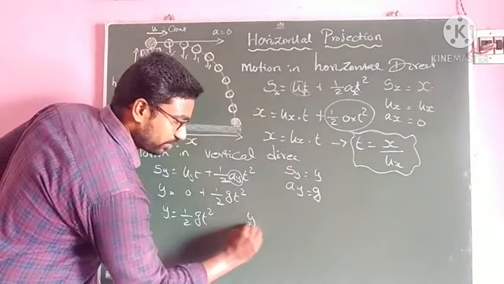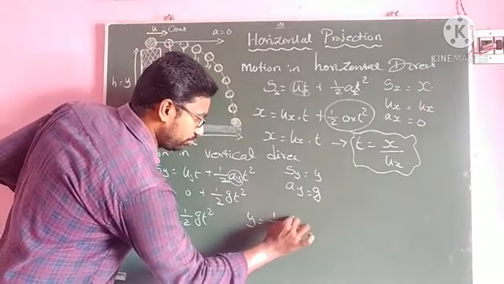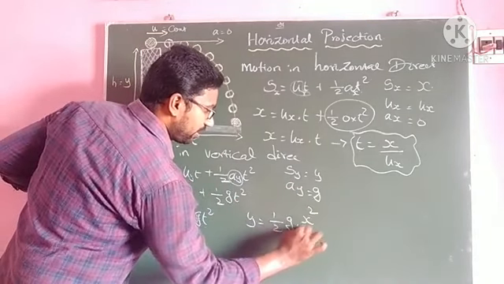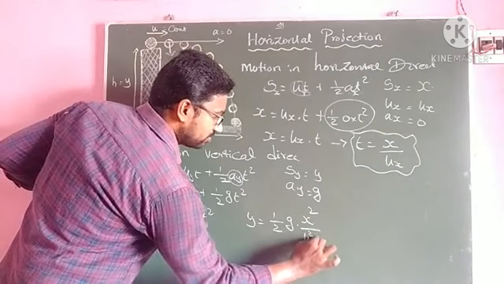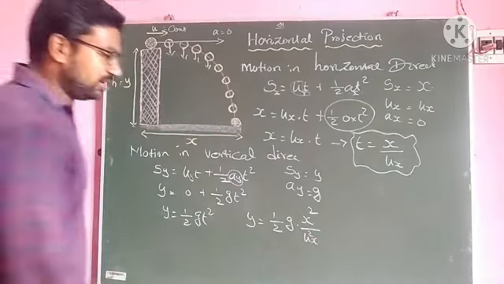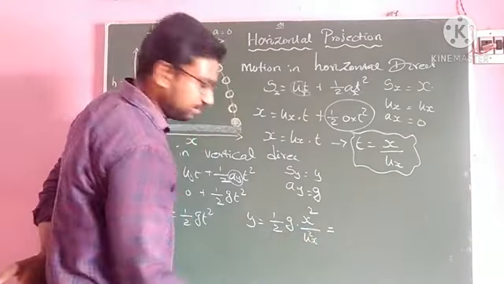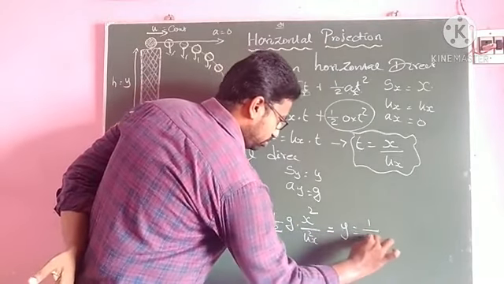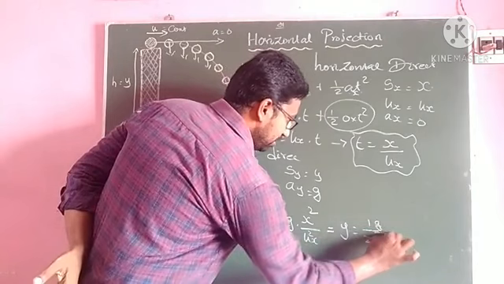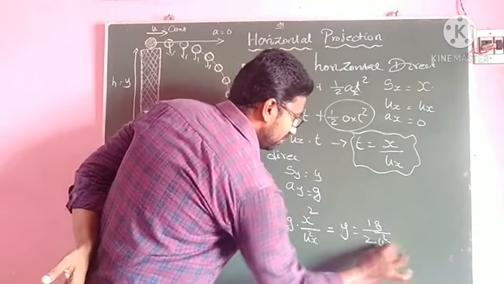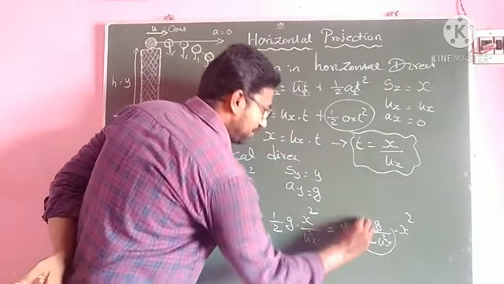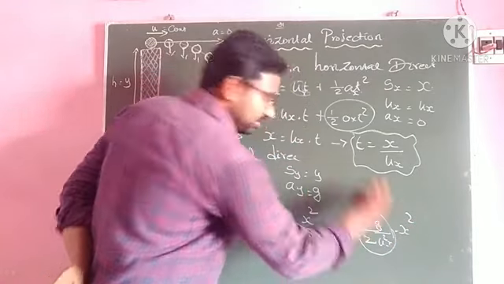So y is equal to 1 by 2 g into x square divided by ux square. Am I right? I am going to simplify again: y is equal to 1 by 2 g over ux square, into x square. These terms can be considered as a constant.